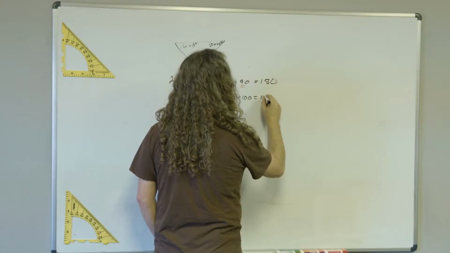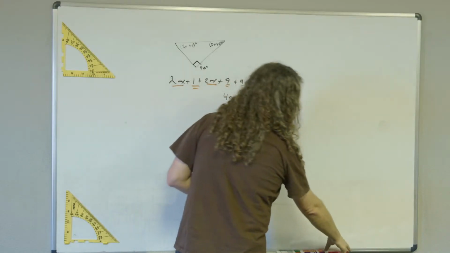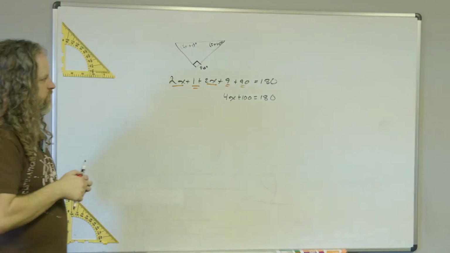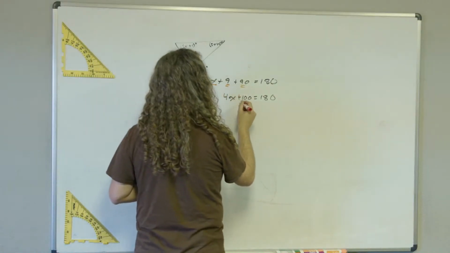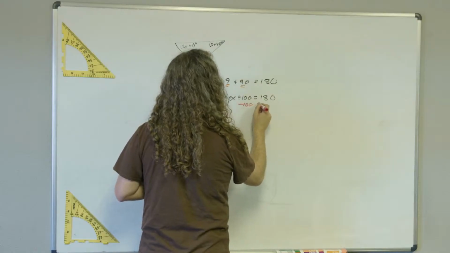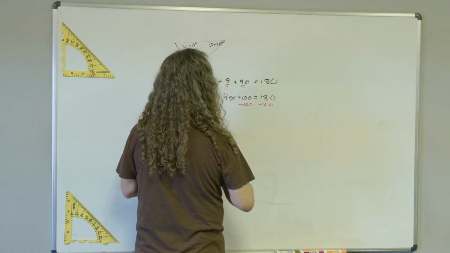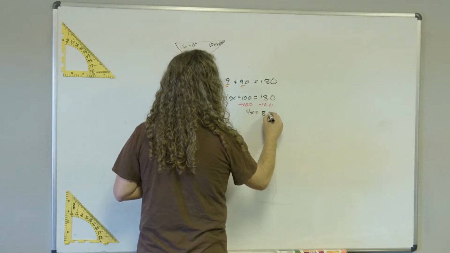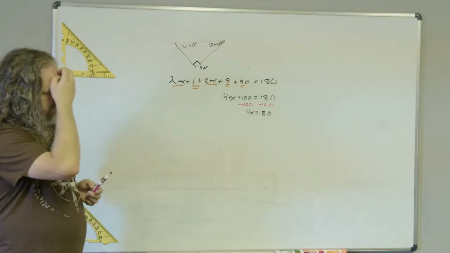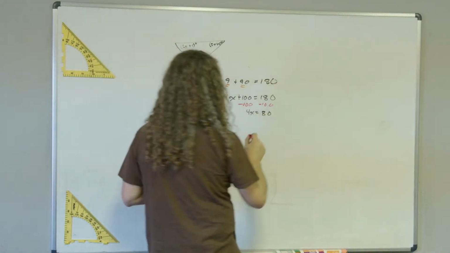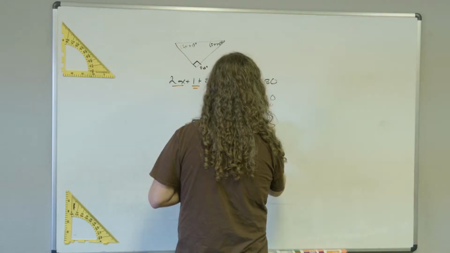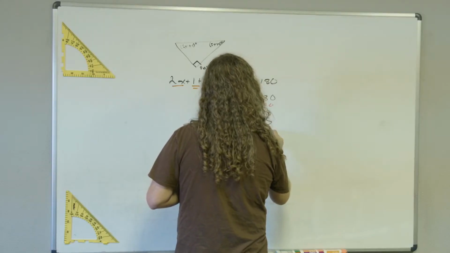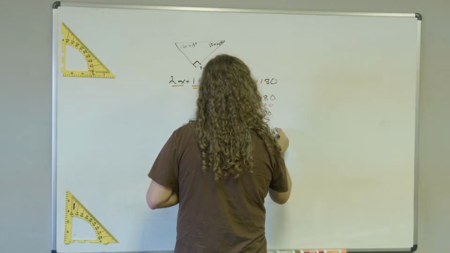So 4x plus 100 equals 180. Then what would we do? Subtract 100. 4x equals 80. Then what? Divide. X equals 20.